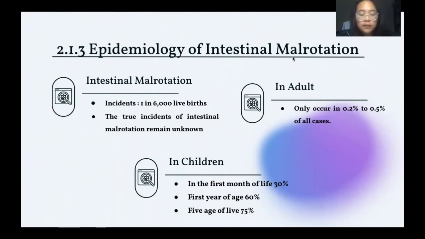The worst case is malrotation with volvulus. 30% of cases occur in the first month of life, 60% within 1 year of age, and 75% by 5 years of age. Intestinal malrotation in adults only occurs in 0.2% to 0.9% of all cases.